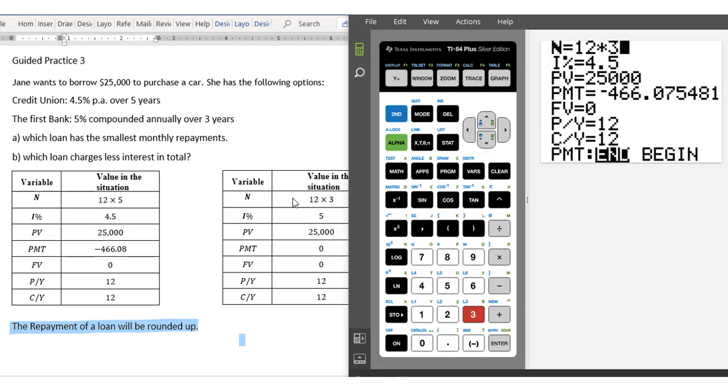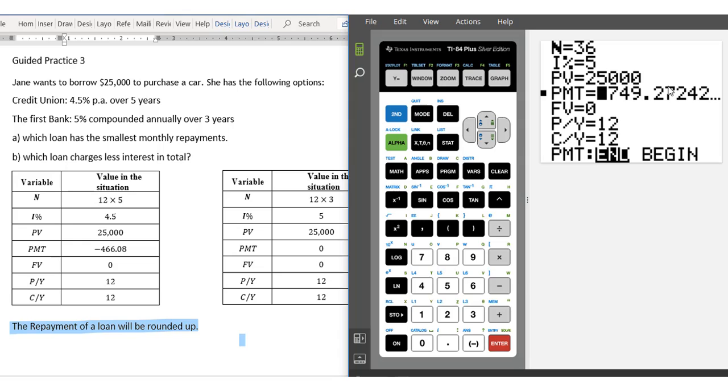Now let's go to the second one. N will be 12 times 3. The interest will be 5. We have the same PV. PMT we are looking for, alpha, enter. They give you negative $749.28.